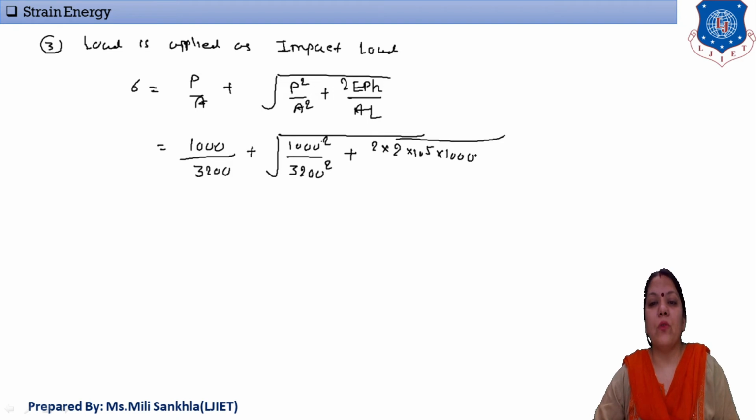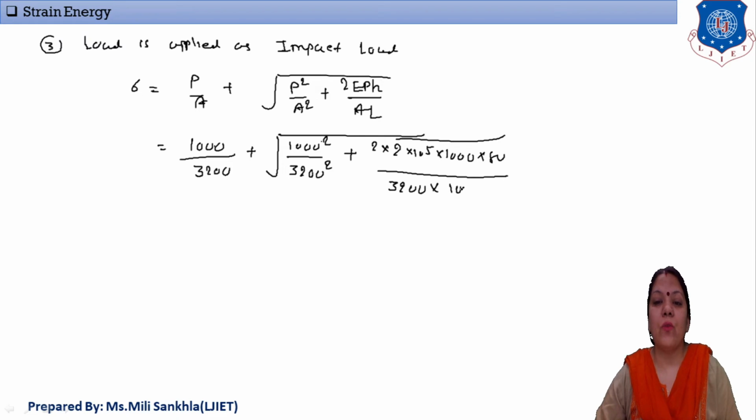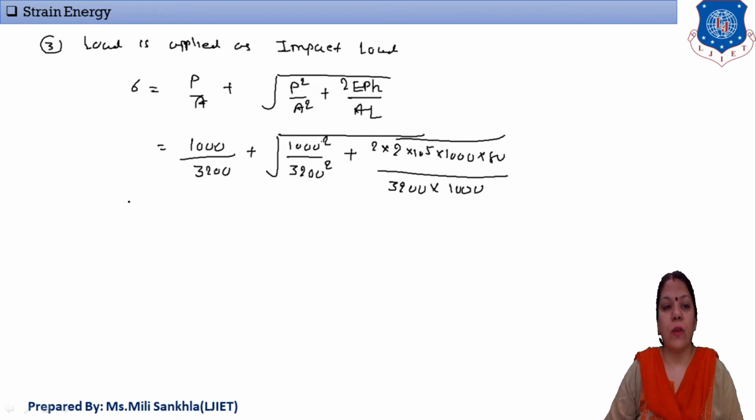Again P is equal to 1000, H is equal to 80 centimeter, divided by area 3200, and our L is equal to 1000. After solving this, my stress sigma is equal to 100.31, and the unit of this stress is Newton per mm square.